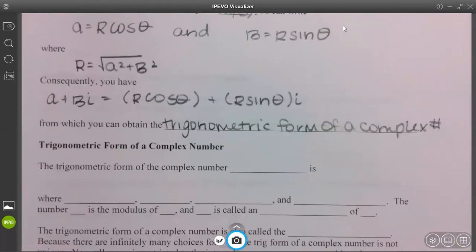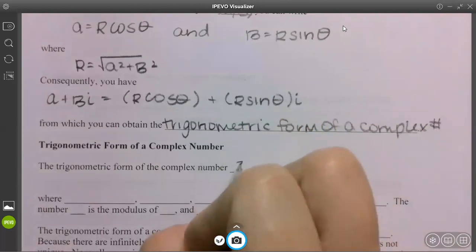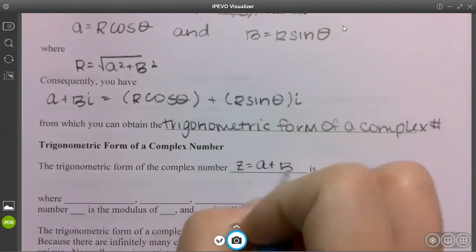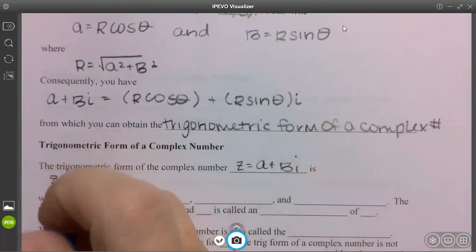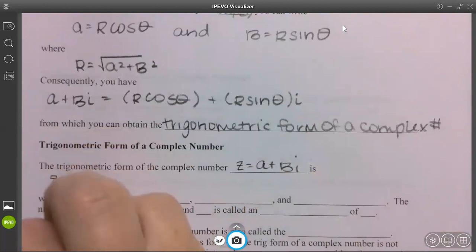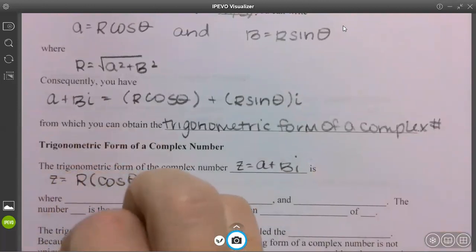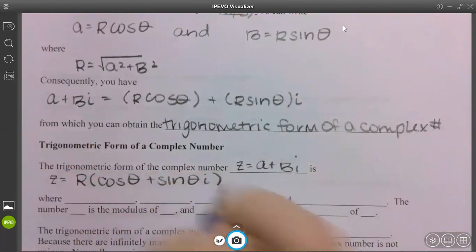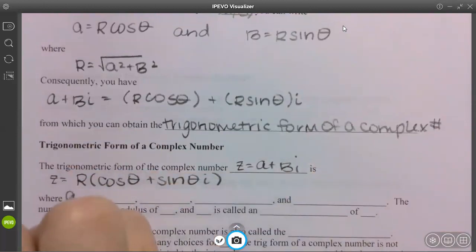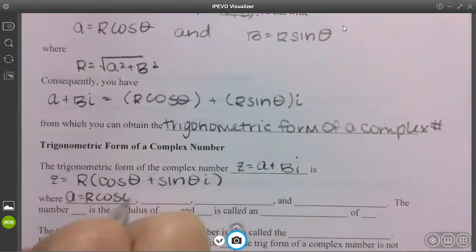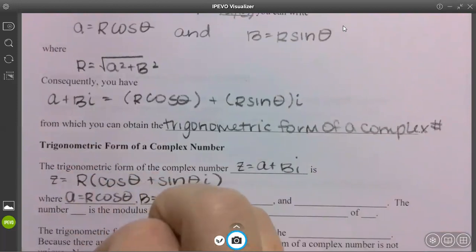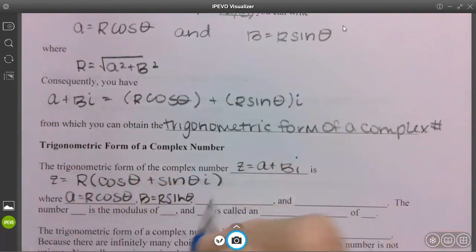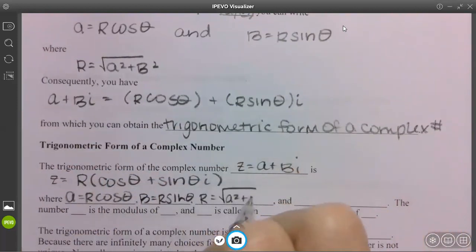So the trigonometric form of the complex number z equals a plus bi is z equals r times (cosine theta plus sine theta i), where a equals r cosine theta, b equals r sine theta, and r is the square root of a squared plus b squared.